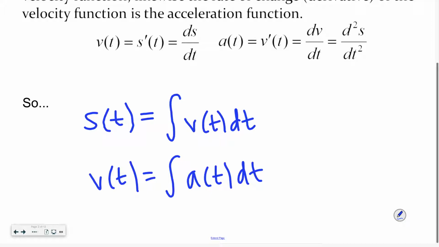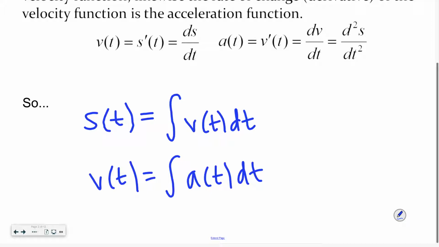Trying to work backwards. Now, what we also need, though, if we have velocity and we're trying to get to position, if we have acceleration and we're trying to get to velocity, we need to know an initial condition in order to be able to get the entire equation. Otherwise, we have that pesky plus c.